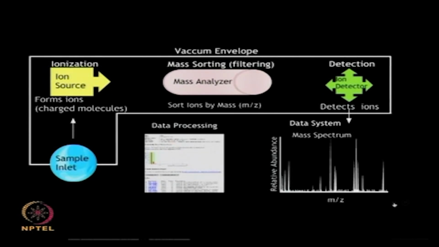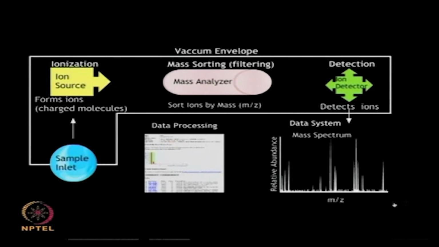The various components involved in the mass spectrometry experiment are shown here, starting from the sample inlet, the ionization source, mass analyzer, detector, and then data analysis and data processing.